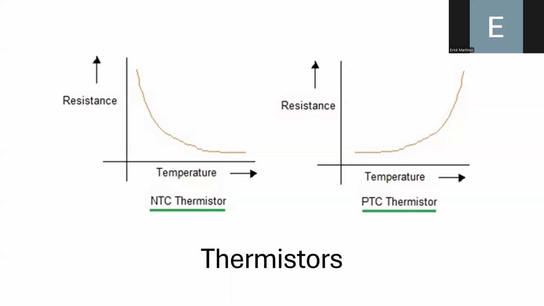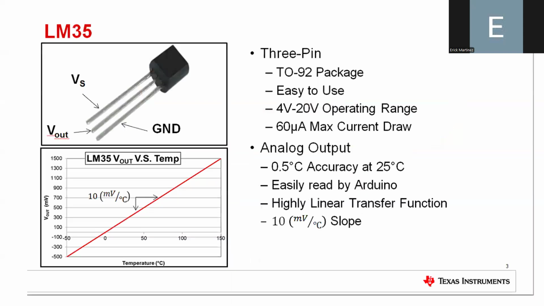So, if you want to avoid this behavior, there is another type of sensor like the LM35, developed by Texas Instruments, that has the following package. And the advantage of this temperature sensor is that it has a linear relationship between the change in temperature and the change in voltage.